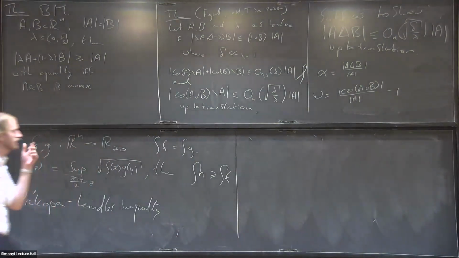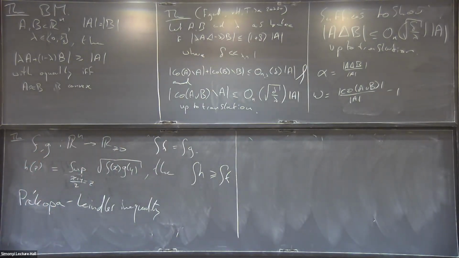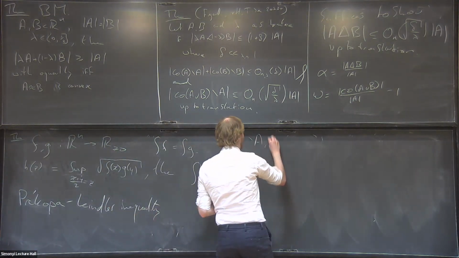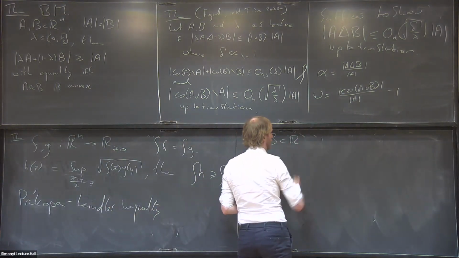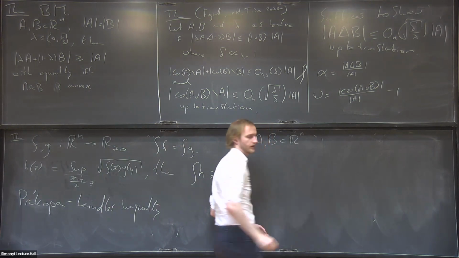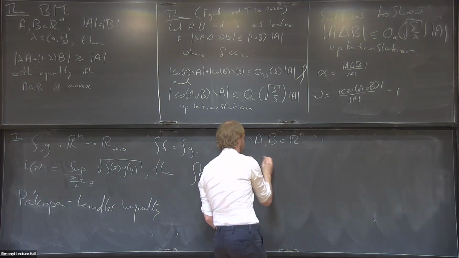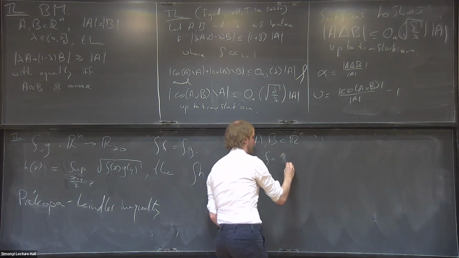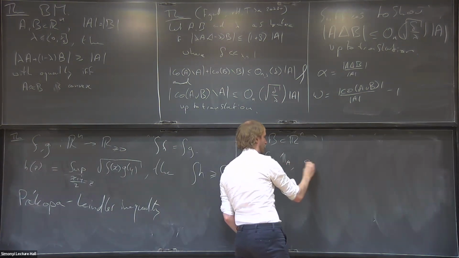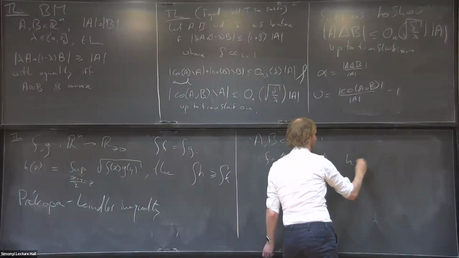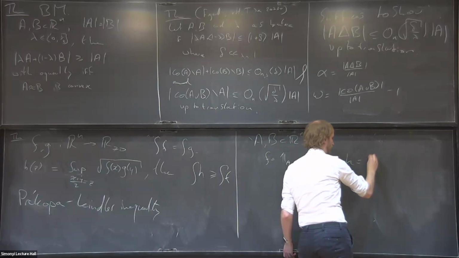Okay, so let's see for a second how this relates to Brunn-Minkowski. Well, notice first that it immediately implies Brunn-Minkowski in the following way. Let's say I have A and B subsets of Rn of the same size, and I let f just be the indicator of A, g be the indicator of B, then h is going to be the indicator of their average.